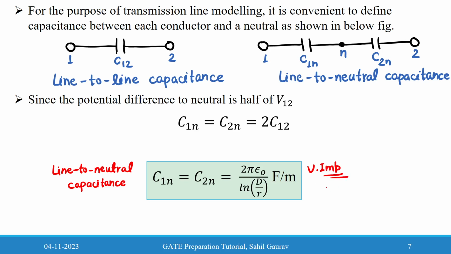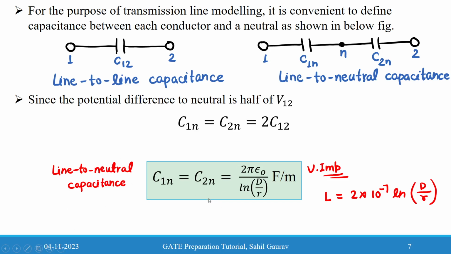In the inductance calculation, the expression for a solid conductor is L equal to 2 into 10 to the power minus 7 ln of d divided by r. Here for capacitance we get an expression like this. Both are very important in inductance and capacitance calculation.